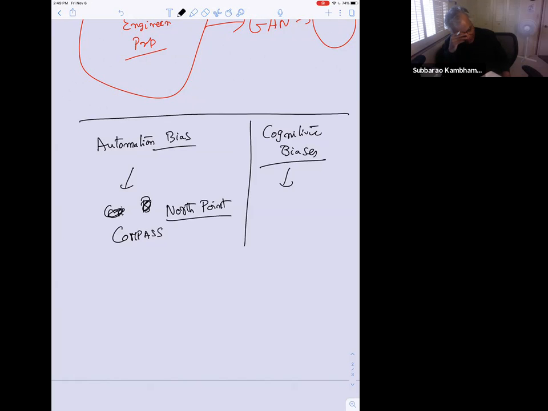ProPublica did a study on this system that was being used, and found that it basically discriminates against African Americans. The COMPAS system was used to decide whether to grant bail.